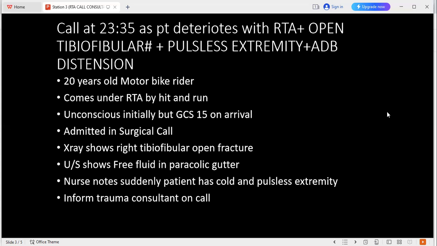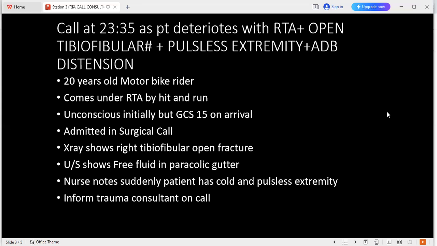Okay, doctor. You tell me that there is some abdominal collection and also the distal pulses you can't feel. So the foot is pulseless. Can you tell me what is the most urgent? Yes, this patient has an open tibiofibular fracture, and this may be causing arterial damage. So this is the most urgent, for restoring the arterial continuity.